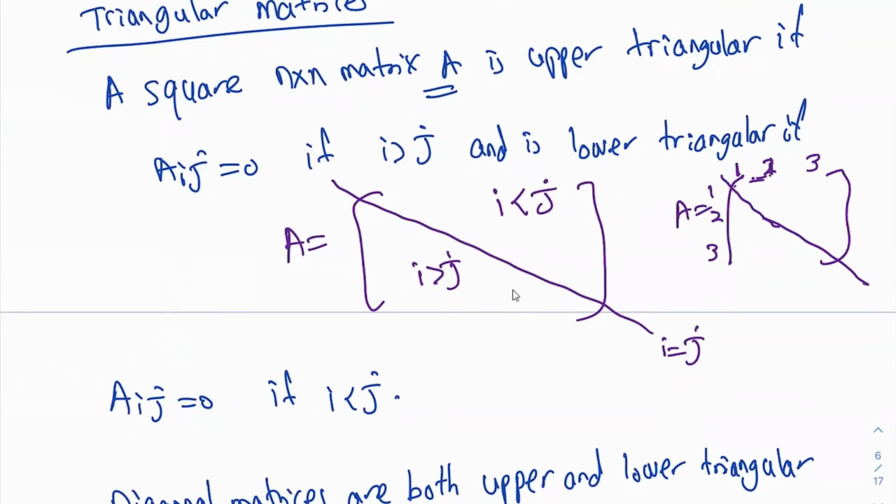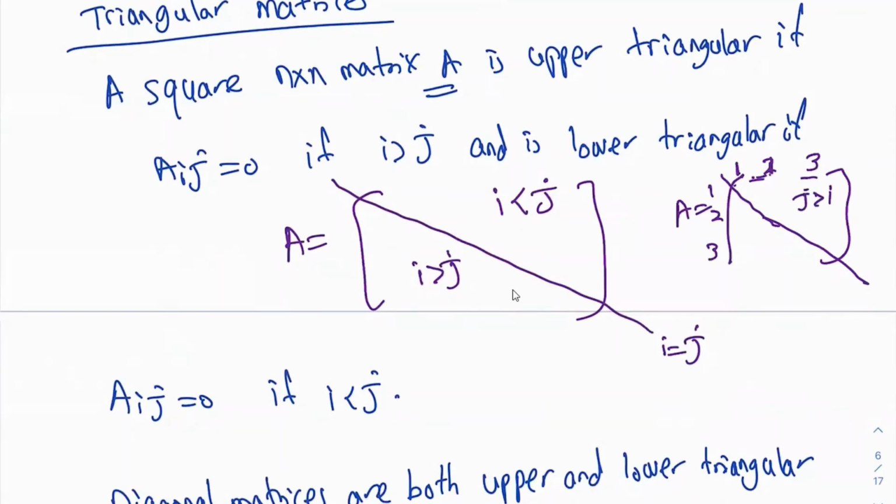So j is 2, i is 1. Here, j is 3, i is 1. So you can see that j is greater than i here. Now here we have i is 3, j is 1. Remember, when i is 3, j is 3, we are on the main diagonal, so it's not counted. For example, here i is 3, j is 2. So here is a case when i is greater than j.